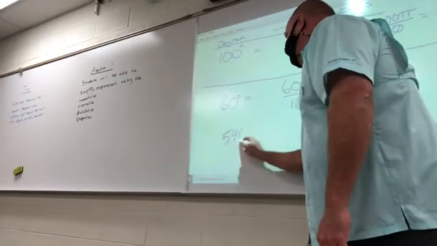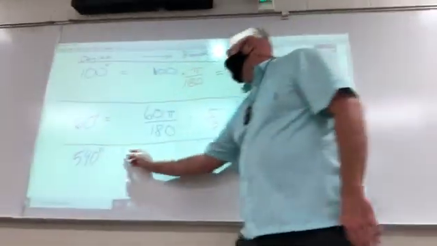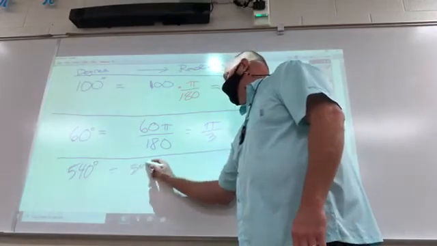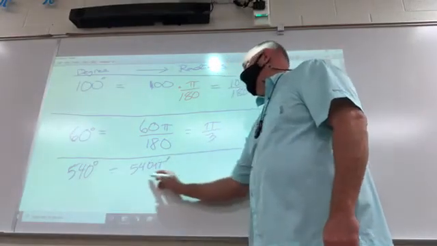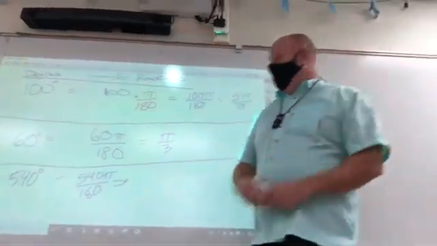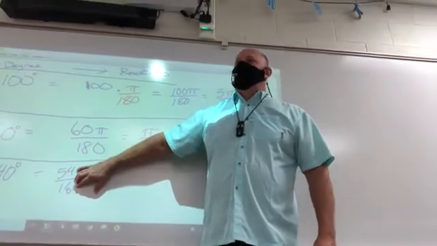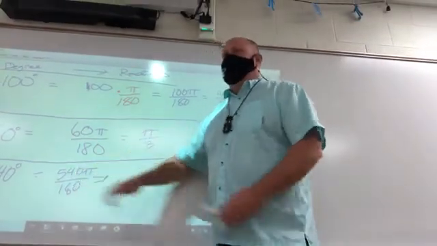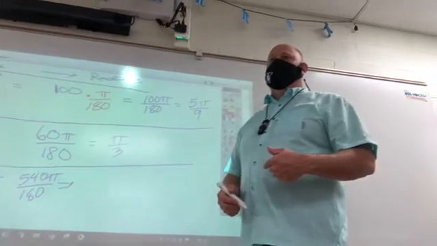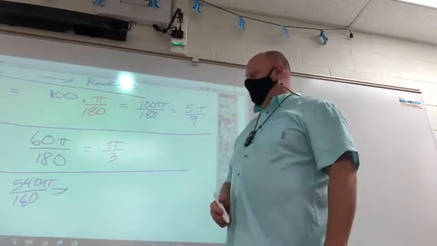If I want to do 540 degrees as a radian, you take that 540, you multiply it by pi, you divide it by 180, you reduce the fraction. The zeros would cancel. You can divide both of those by 9, so you get what? 6 over 2.